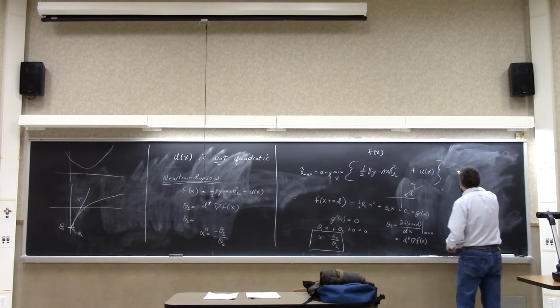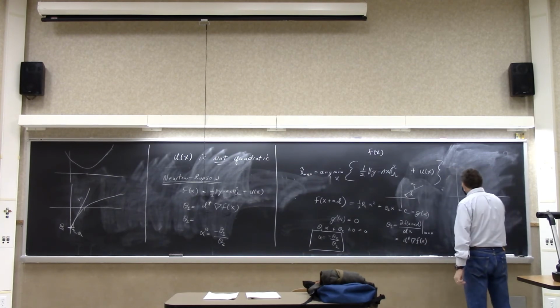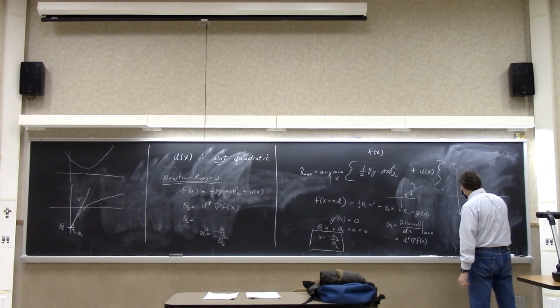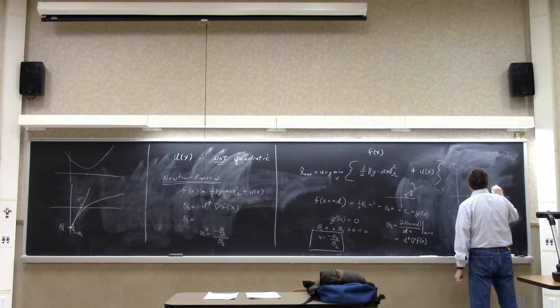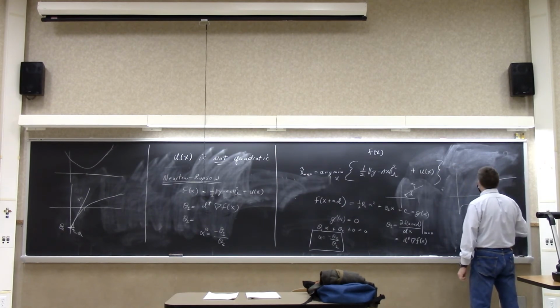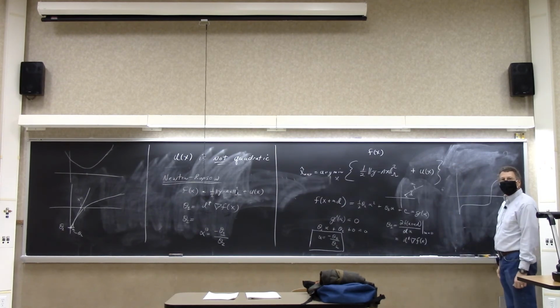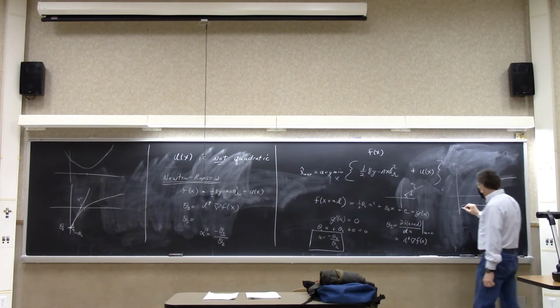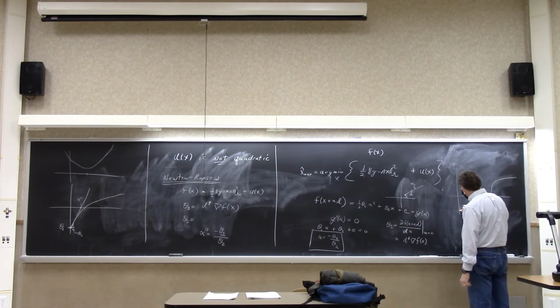Okay, so let's say you had some crazy function like this, right? Then I think this will screw it up. This thing would go here, and then you get this thing, and it would go here.